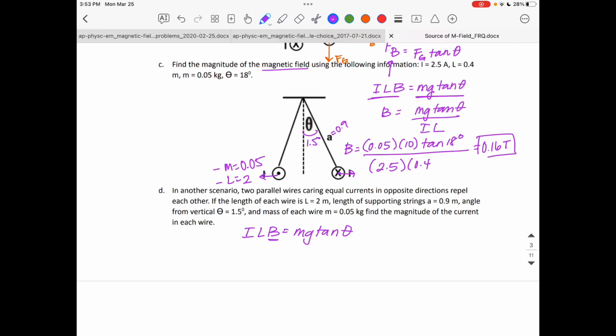The magnetic field equation we solved for here, because we used this equation to solve for magnetic field, we can't plug that in. So we need to use a different equation for magnetic field. And one of the equations I told you to memorize is the magnetic field of a wire. So that would be mu naught I over 4 pi r.